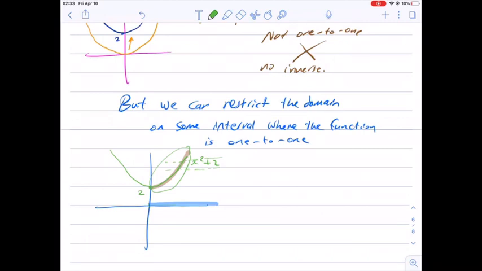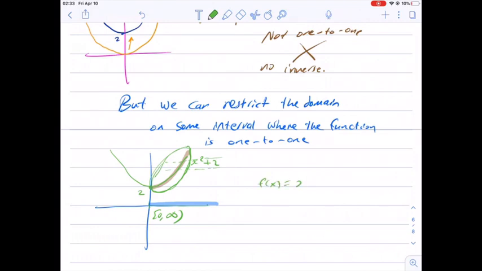That means we chose some part of the x-axis where the function is 1-to-1. The function is 1-to-1 on this part from 0 to infinity. So if we restrict the domain to some interval where the function is 1-to-1, then we can find the inverse.